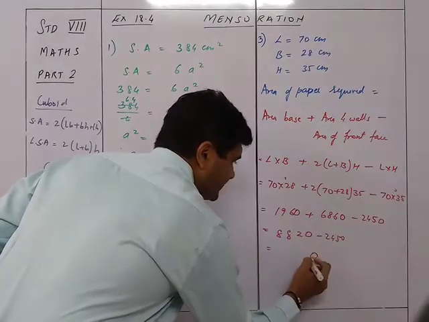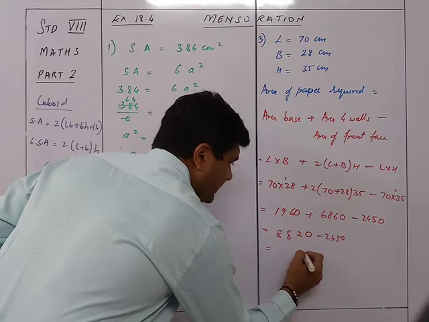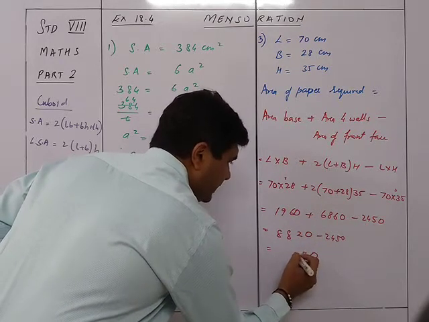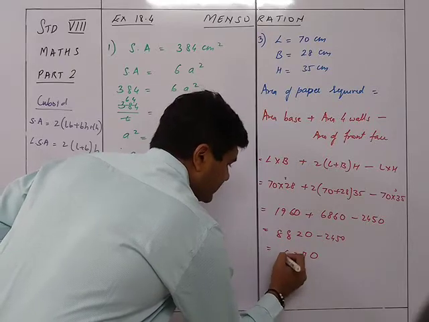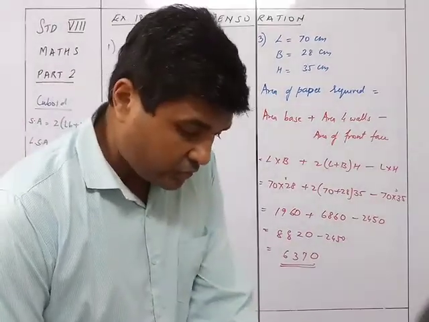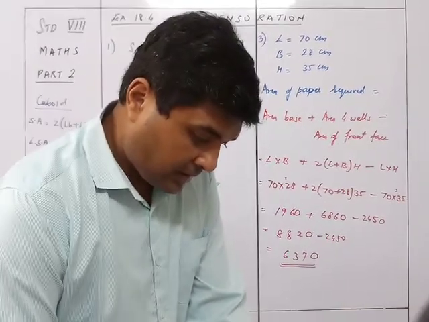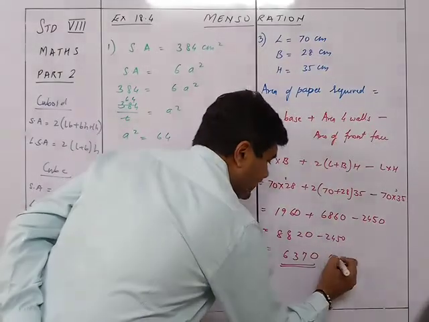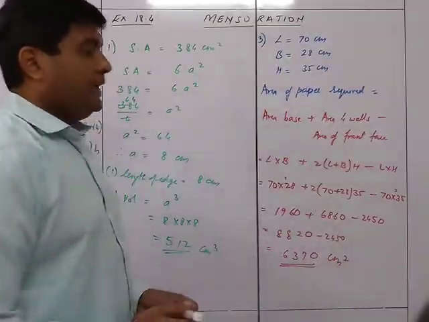That will give me 0 and then 12. So it will be 7 and 8 to 7 and the 3 and then it will be 6. So 6370 should be the correct answer. Yeah, 6370 centimeter square. So that should be the area of the paper required.